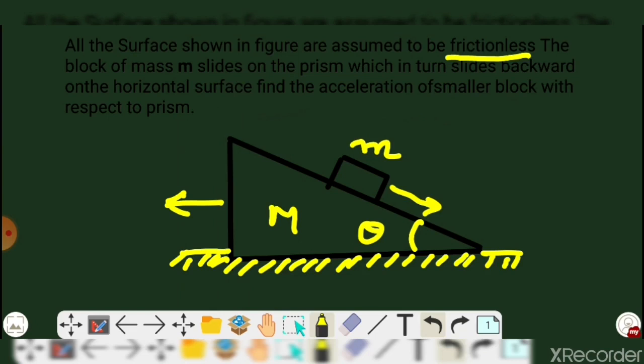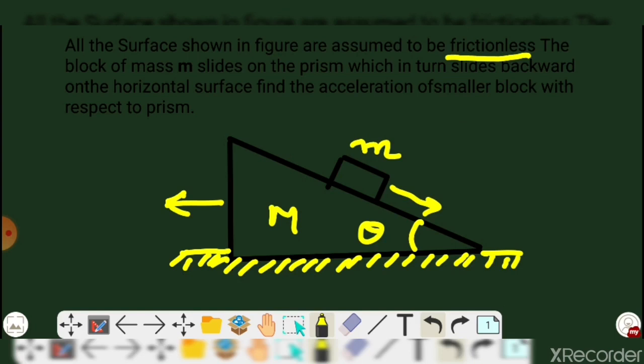So let us consider the frame of reference. First of all, a frame of reference is very important. There are two types of frames of reference: one is an inertial frame and the other is a non-inertial frame. What is the inertial frame? An inertial frame simply means one that follows Newton's first law, which states that a body will remain in its position unless an external force is applied.